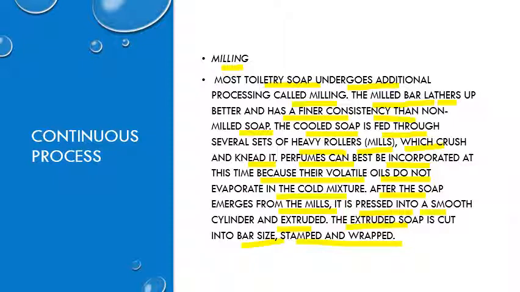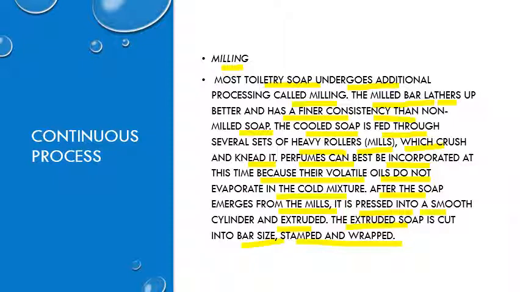So this kind of processing is called milling, and it provides better lathering and a finer consistency of the soap by passing the soap through several sets of heavy rollers to crush and knead it from time to time.